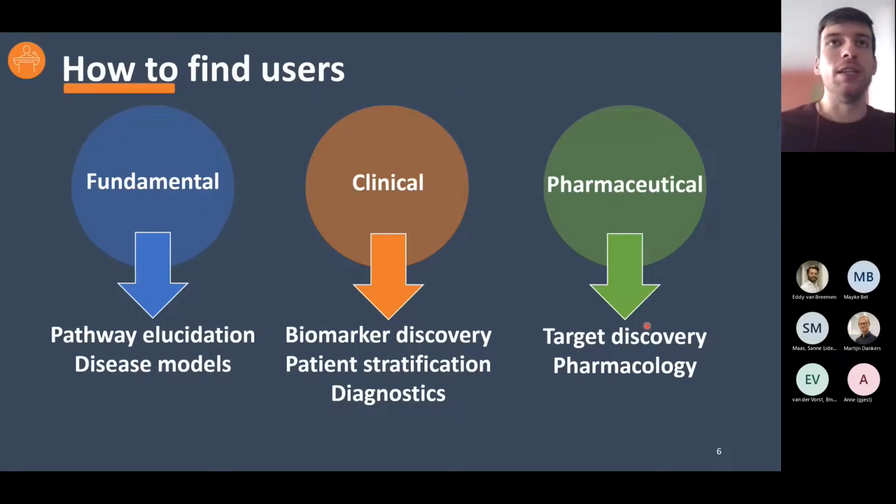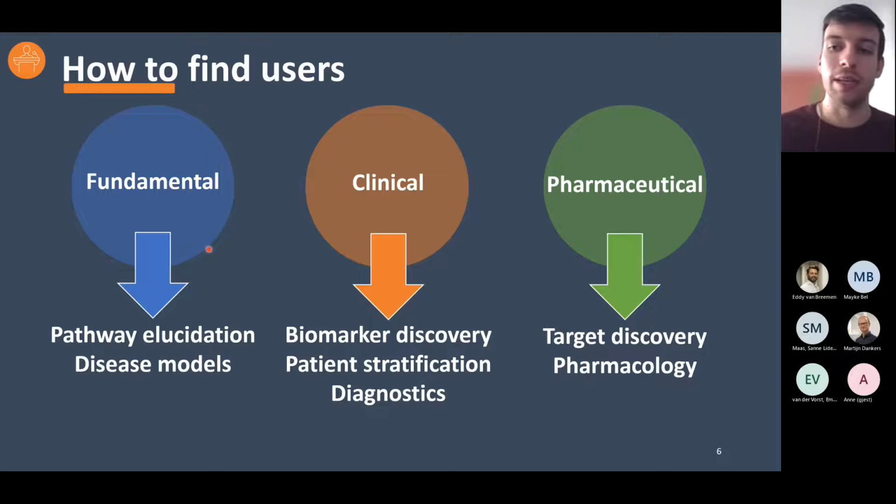So roughly we can split our users into three categories. On one end we have fundamental groups. These are groups that are mainly performing fundamental mechanism of action studies. So they look at understanding how certain pathways are activated or inhibited in different models, or they try to discover entirely new pathways.